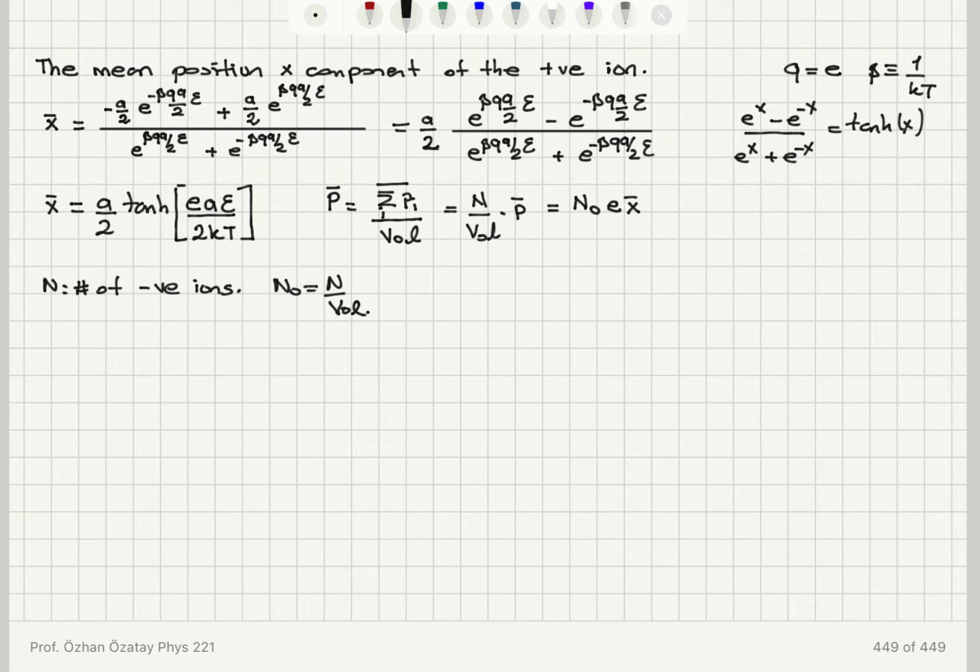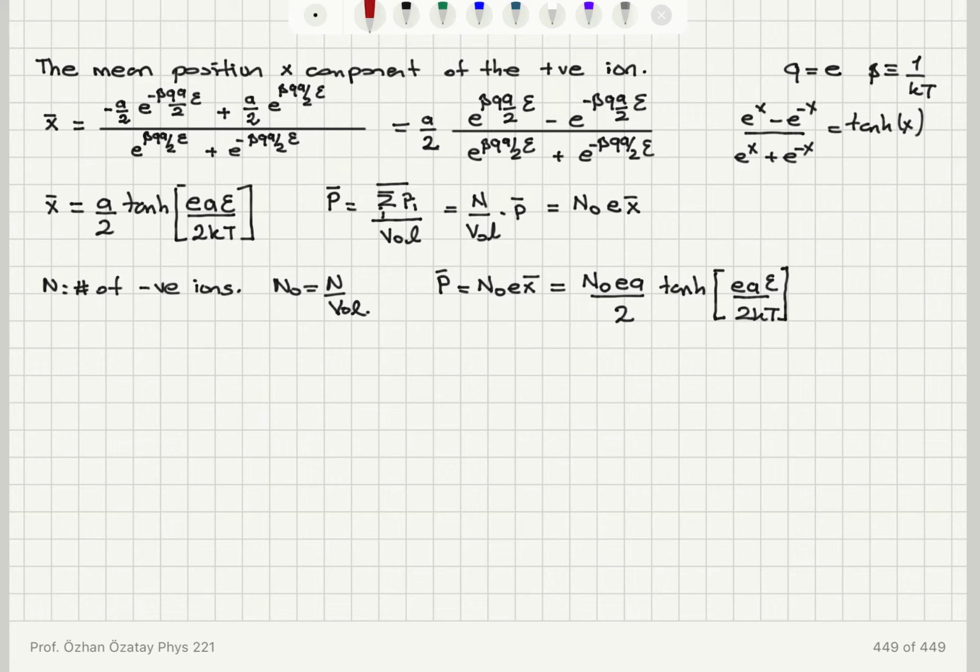So since I know already what X bar is, the total polarization, the electric dipole moment per unit volume, will be N0 E X bar, which is N0 E A over 2 tangent hyperbolic EA epsilon divided by 2 KT.